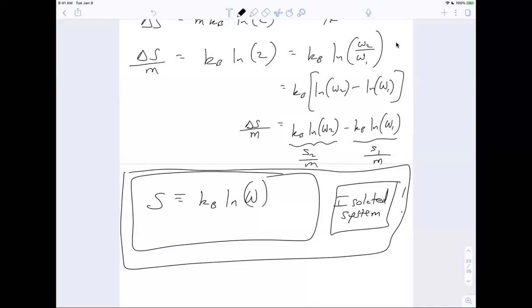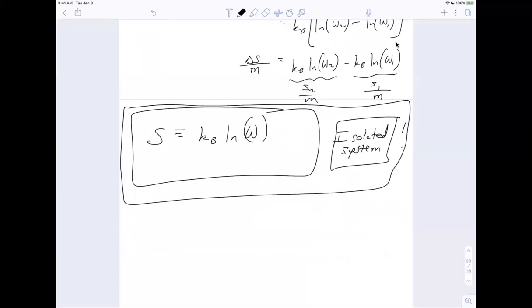So in this box, there's an equation and the associated words that have to go with that equation for all of this to make sense, for a sophisticated understanding of entropy. In an isolated system, the entropy is defined as this constant, which gives us the proper units, times the log of the number of arrangements at the microscopic level that you can find the system in.